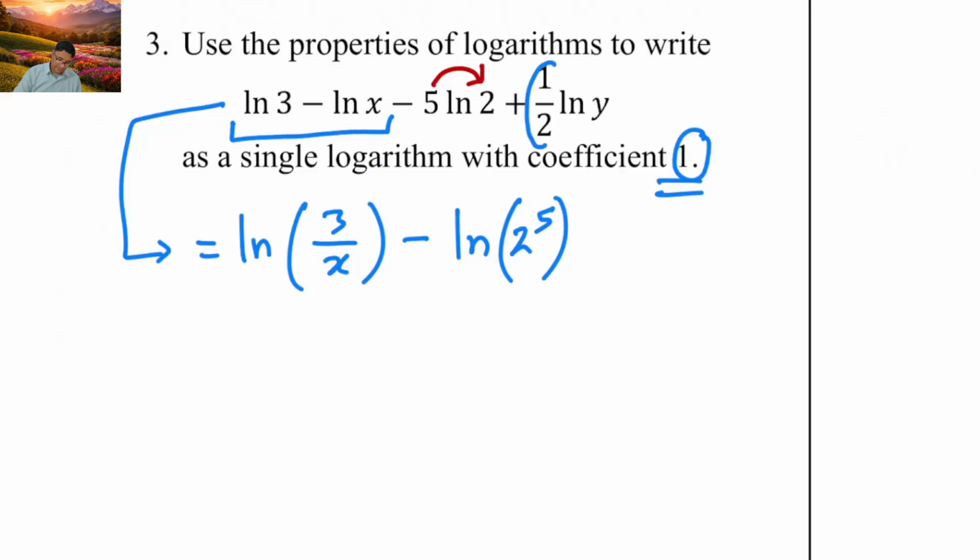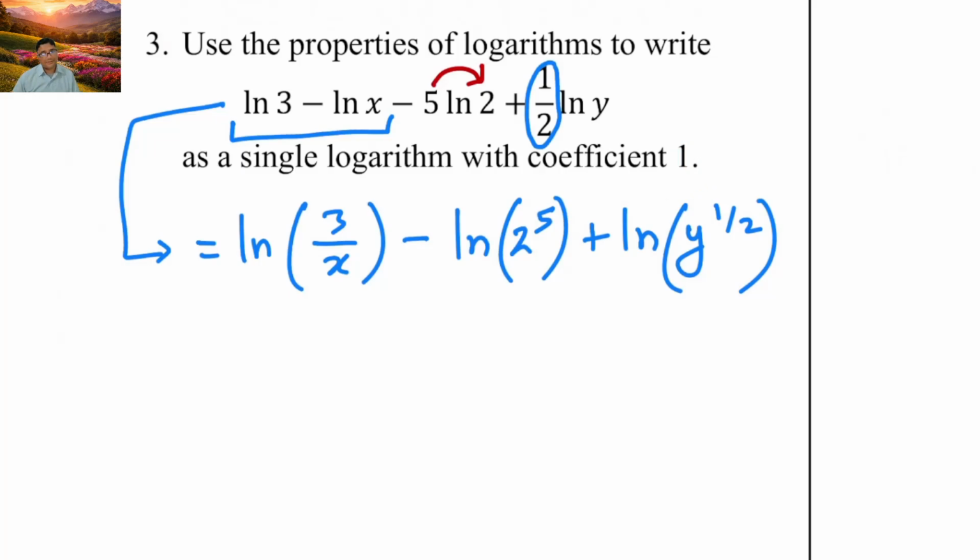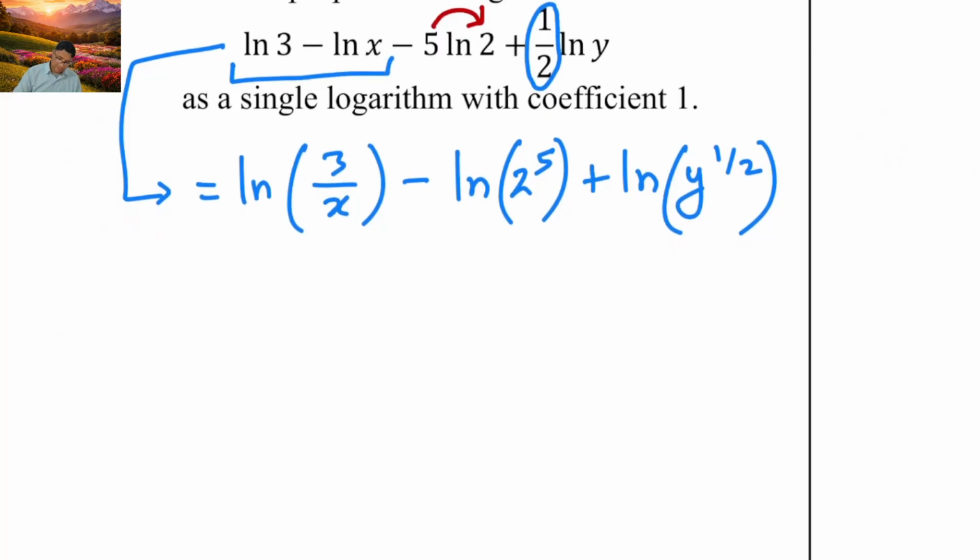Similarly, this half is a coefficient here. You convert it to the exponent inside, so that the coefficient is 1, y to the half. What is now ln minus ln plus ln, everything else has been taken care of.